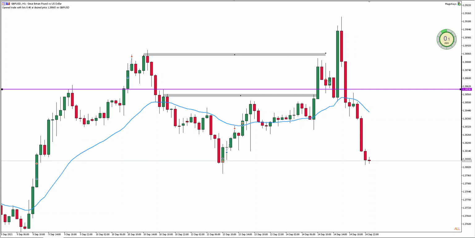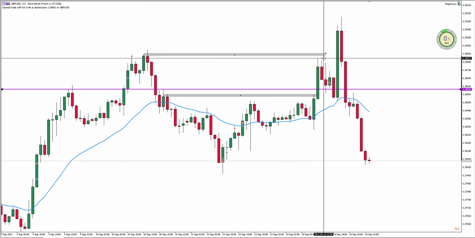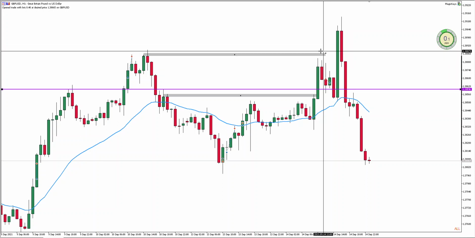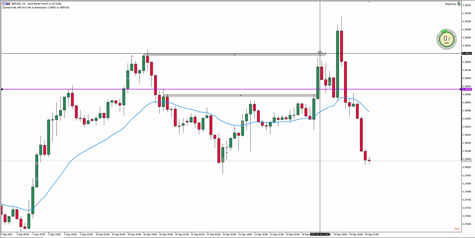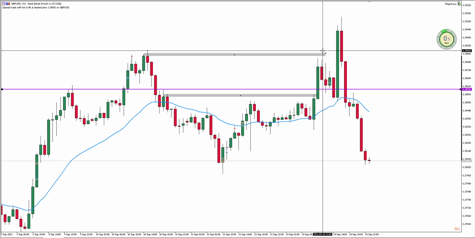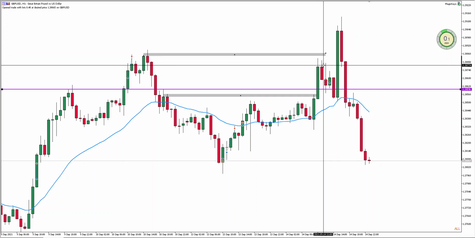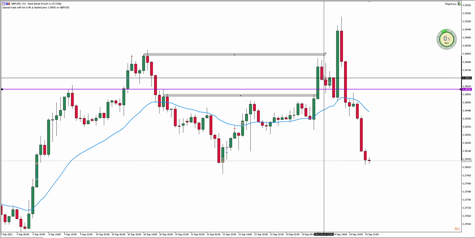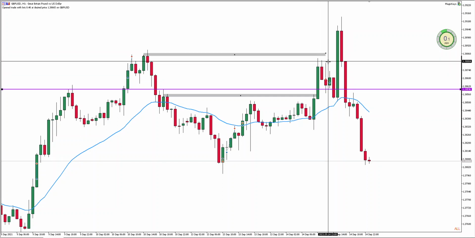Okay, next thing is we have this resistance. Price rejected that. Not really sure if that's a good rejection. At that time I thought it's rejecting. We have a bear candle with a lower high.